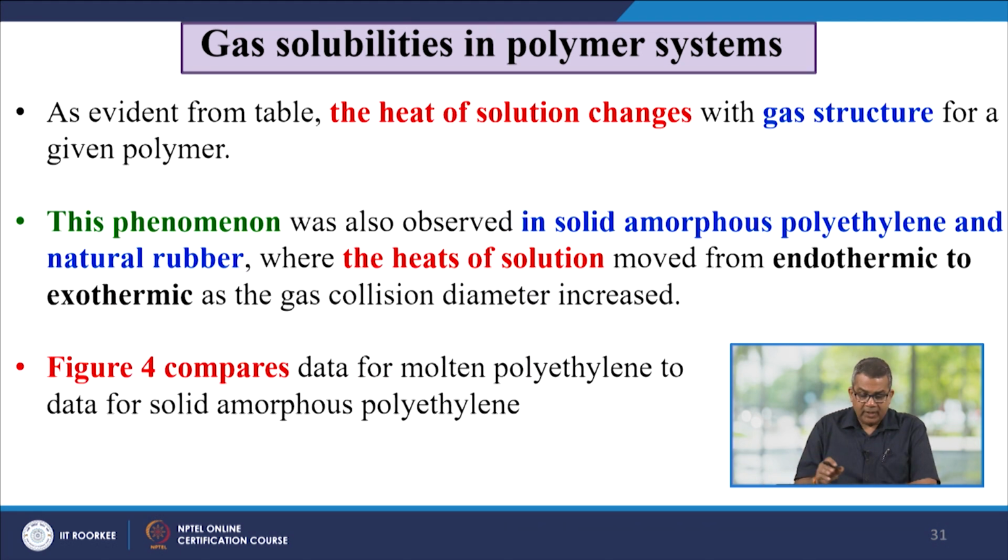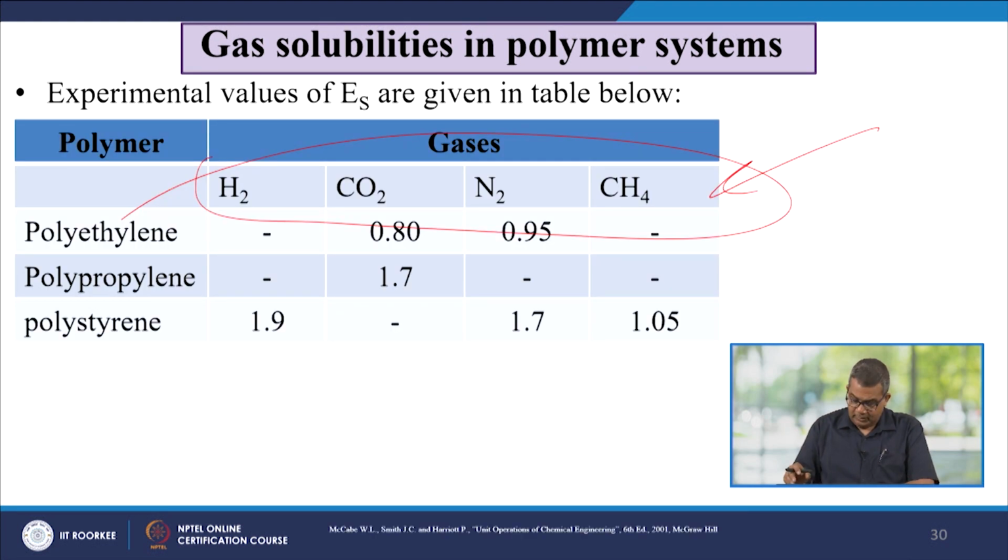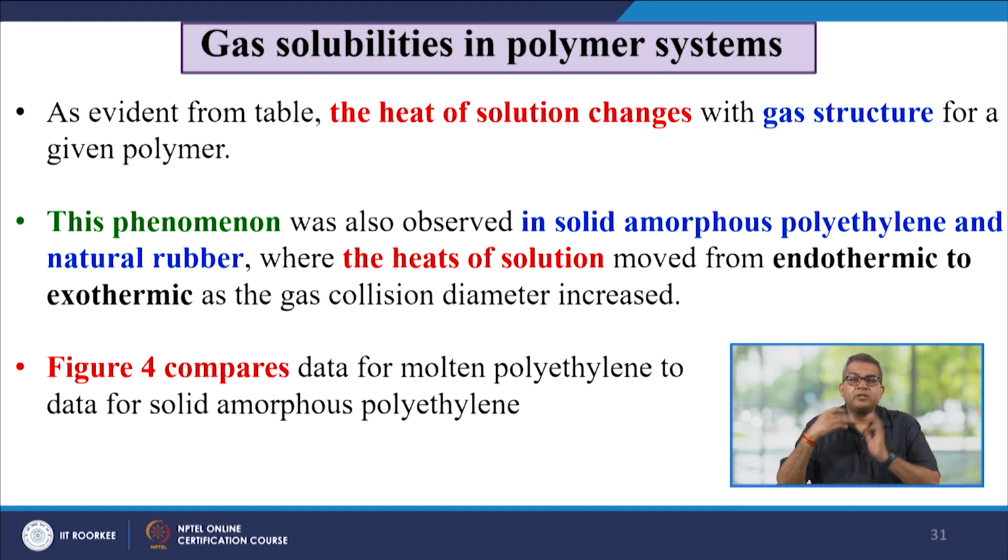Now, it is evident from this particular table that the heat of solution changes with the gas structure for a given polymer. This phenomenon was usually observed in solid amorphous polyethylene and natural rubber, where the heats of solution move from endothermic to exothermic as the gas collision diameter increases.